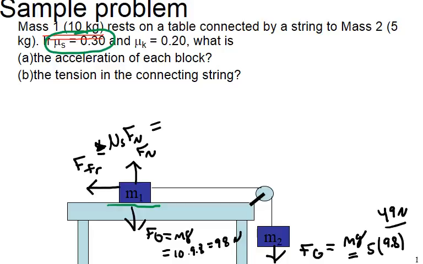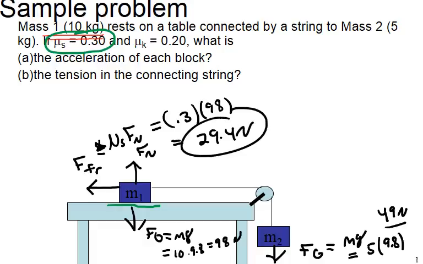So here we have the coefficient, which is 0.3, times 98 newtons, and that comes out to be 29.4. So what that means is the force of gravity here is greater, therefore it will start to accelerate. This will come down, this will go.